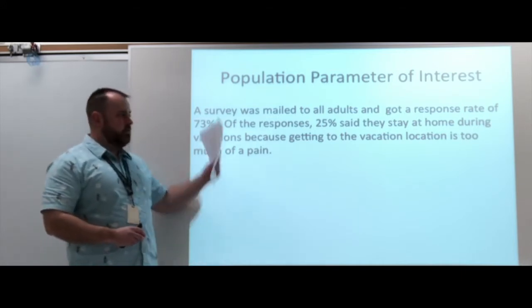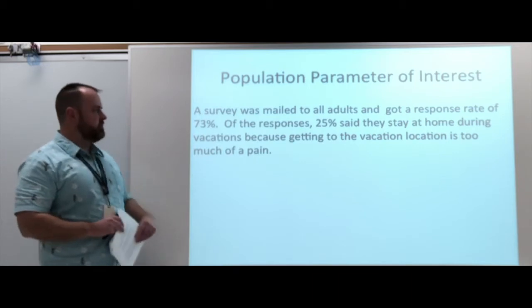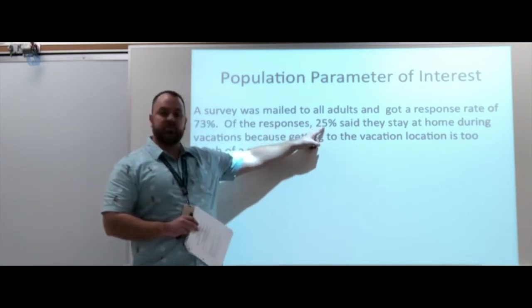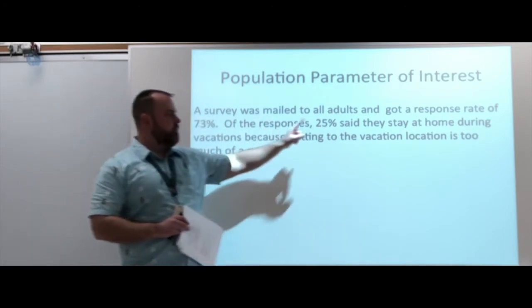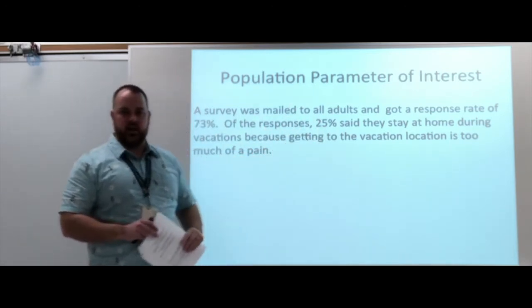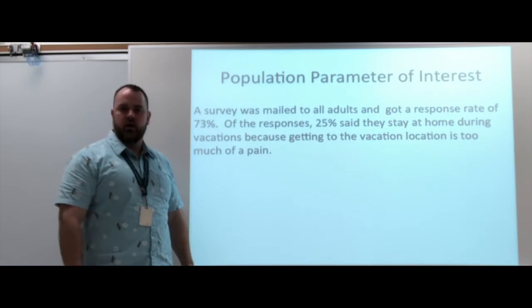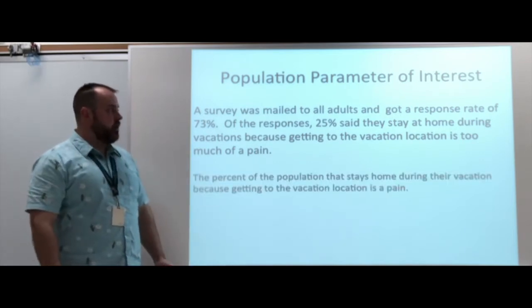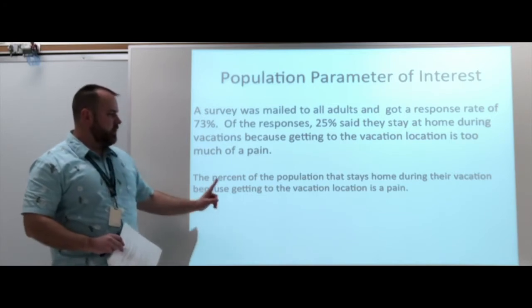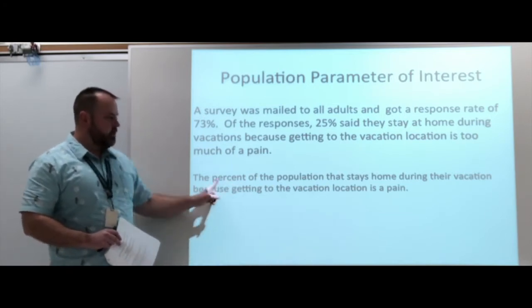Okay? So we have two percentages in there. One is the rate and one is the percentage of the sample that we got. Of all those people that responded, we found 25% say they stay at home because it's too hard to get to their vacation.